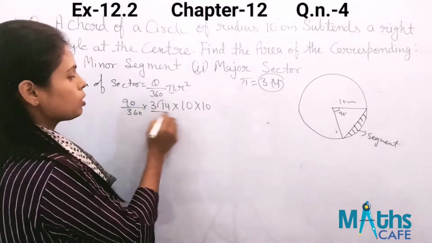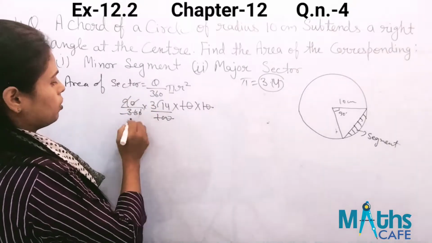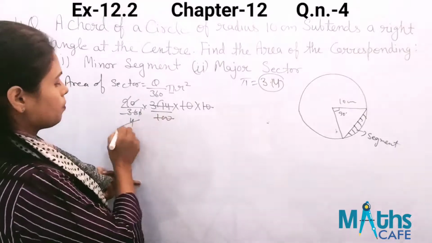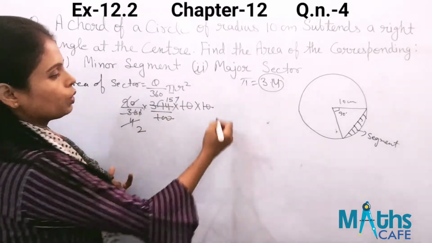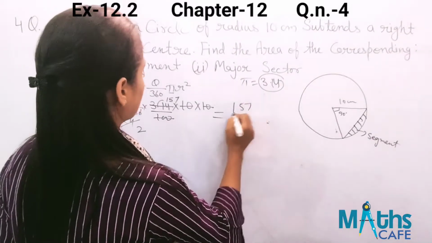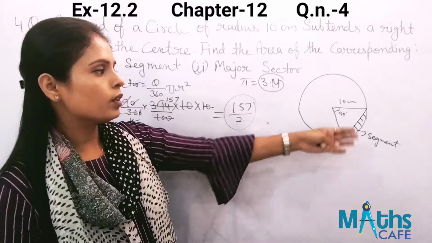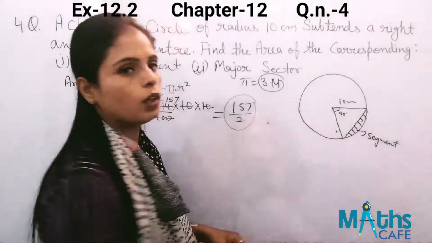So just normal solution, it will divide, 4 will come here. Now we will do the division. The value which will come is 157 by 2. So this is the area of sector. This whole part is our area of sector.